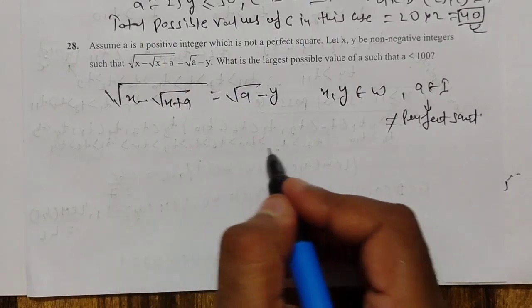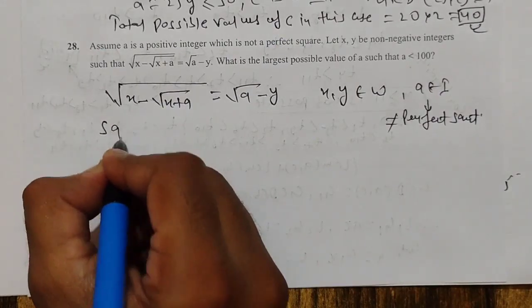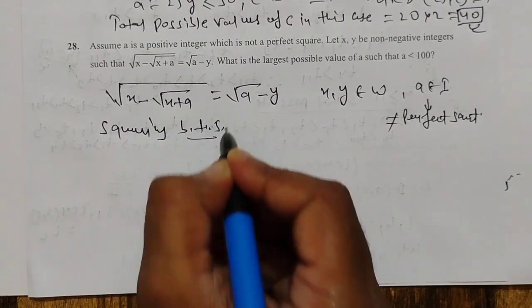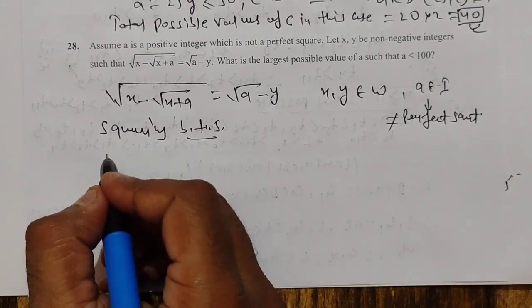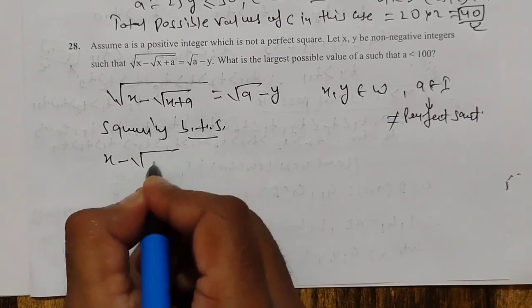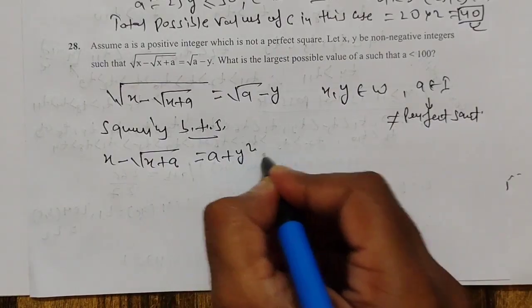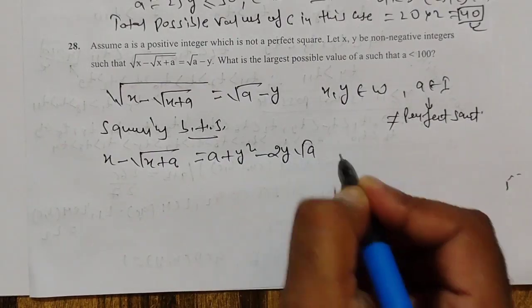So now by squaring both the sides, we have x minus a square root of x plus a is equal to a plus y square minus 2y square root of a.